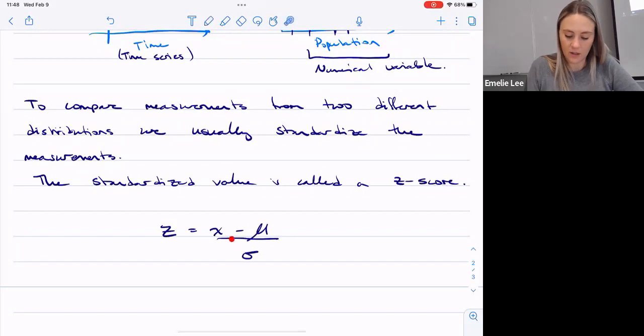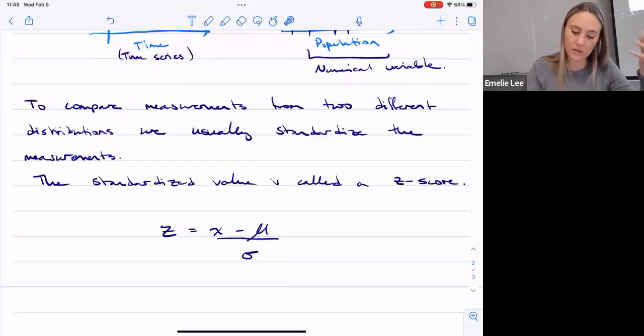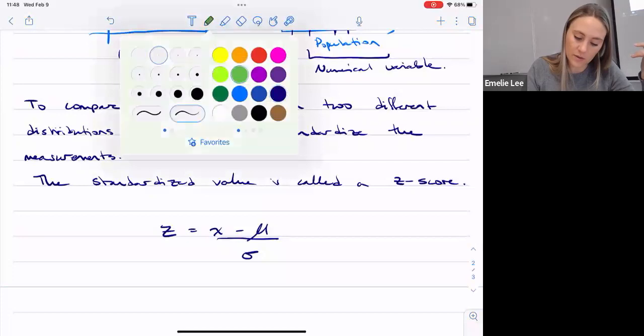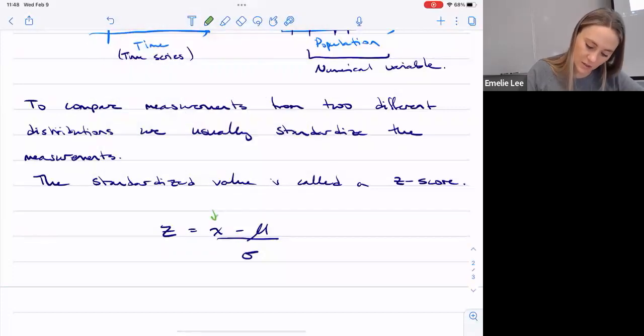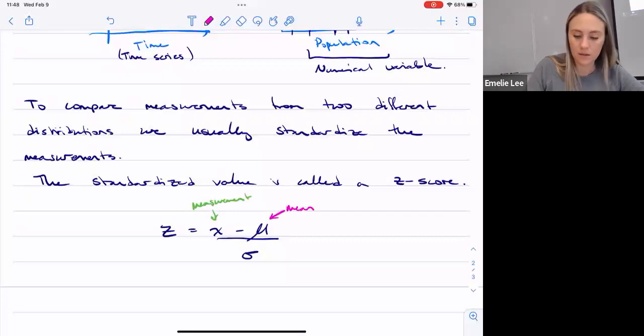And once you see the video, we do more examples of this, but I think we can jump out from here and still have a pretty good handle on things. And so X is going to be the placeholder for the measurement. Mu is going to be the mean. And sigma is going to be the standard deviation, of course.